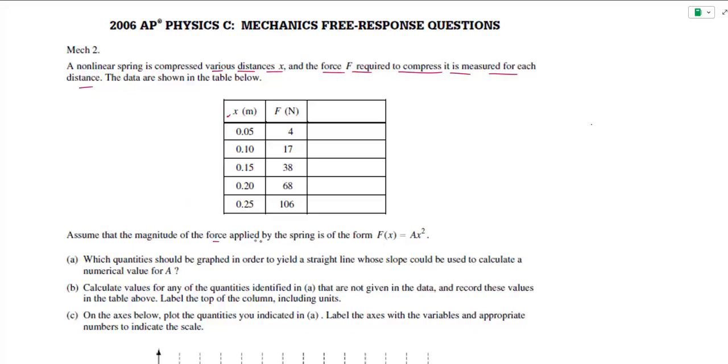He is saying to assume that the magnitude of the force applied by the spring is in the form of a x square, right? Which quantities should be graphed in order to yield a straight line whose slope could be used to calculate a numerical value for a? So he is answering by himself that he wants you to draw a straight line.